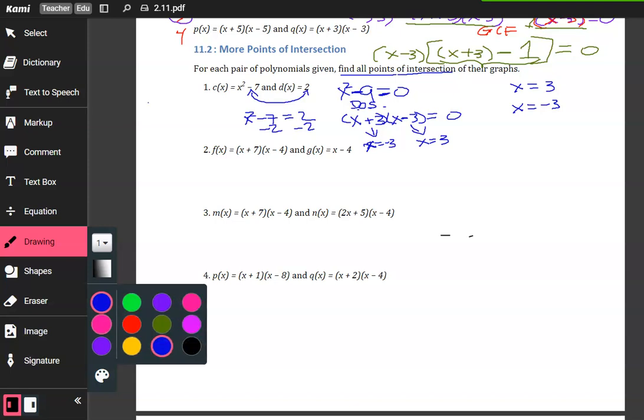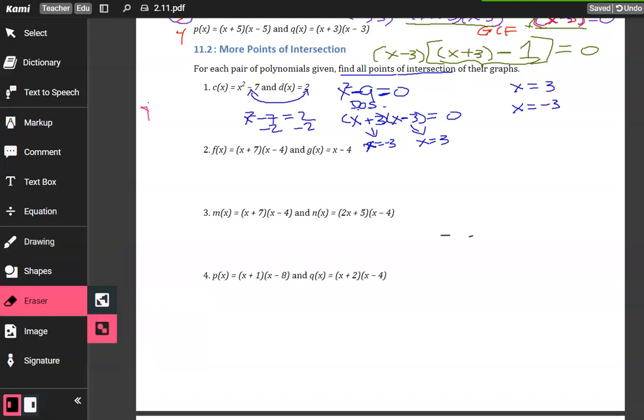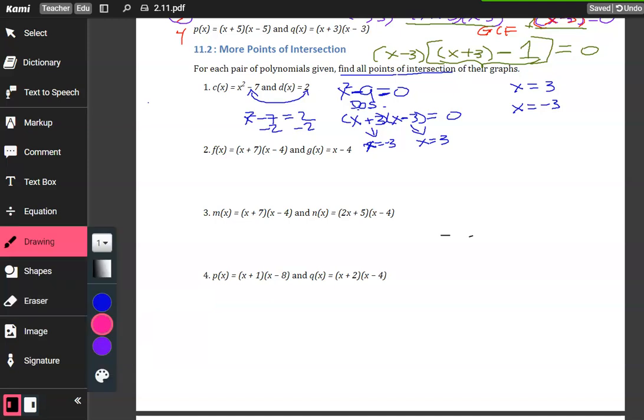So let's take y equals x squared minus 7. Right here in the parentheses, you're going to plug in 3 and negative 3. So if we start with 3, that would be 9 minus 7. 9 minus 7, so that would be 2.